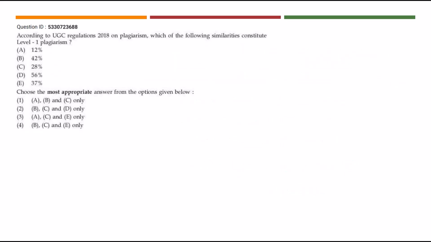Next question. According to UGC Regulations 2018 on plagiarism, which of the following similarities constitute level 1 plagiarism? So already we have seen plagiarism in one of the previous year question papers. So we'll just get into the levels. Level 0 is up to 10% similarity and there is no penalty.